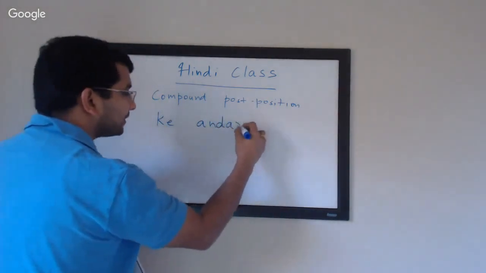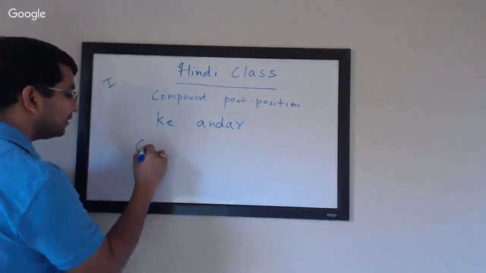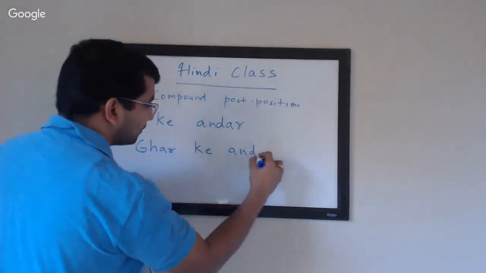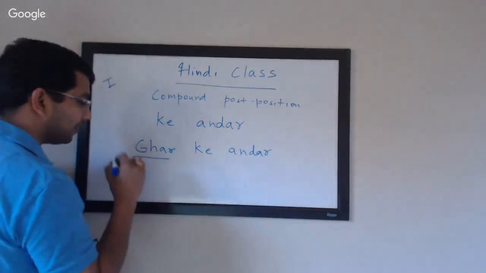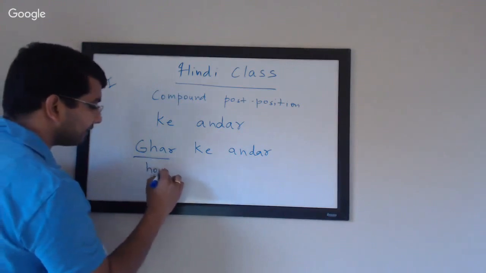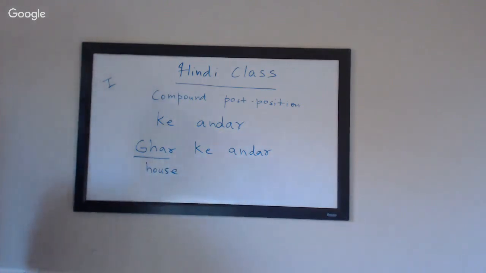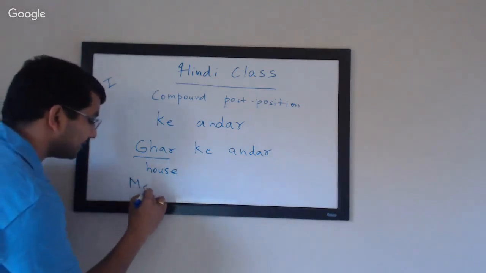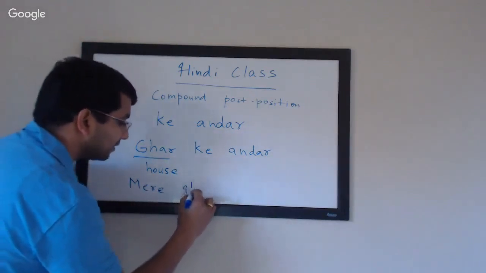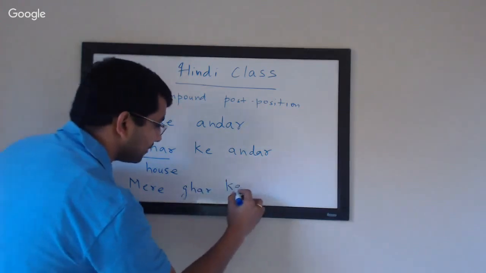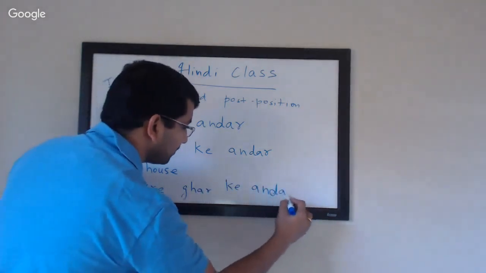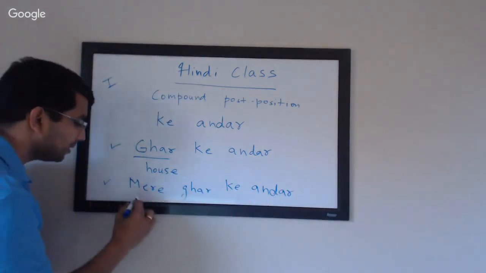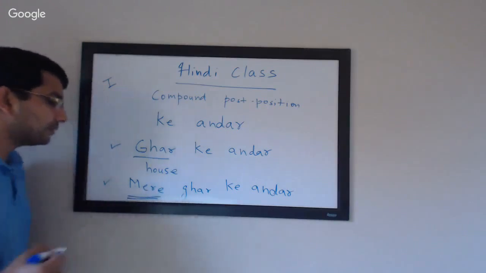So the first example that I have, when you say ghar ke andar, ghar is house, right? So when you say ghar ke andar, it's inside the house. When you say mere ghar ke andar, this one is inside the house, and in this one you're using a pronoun.